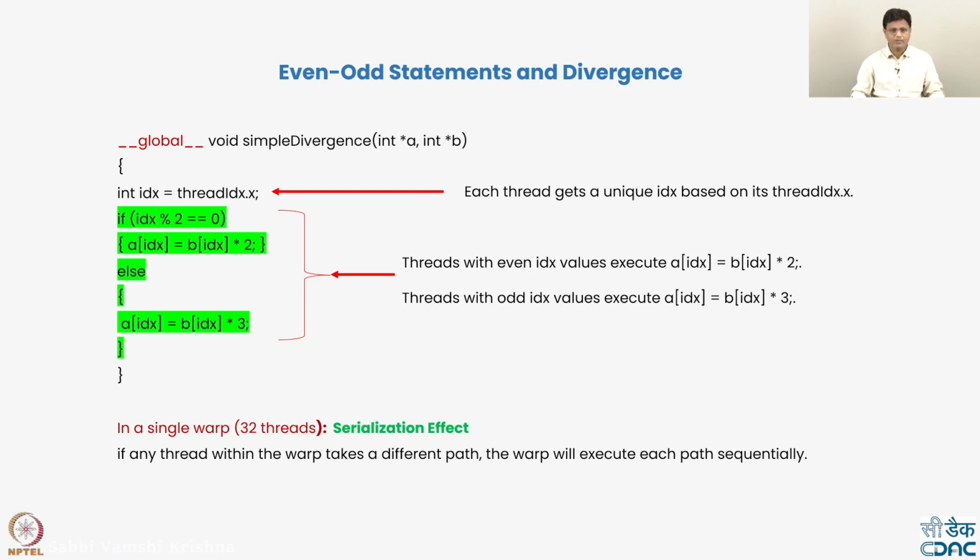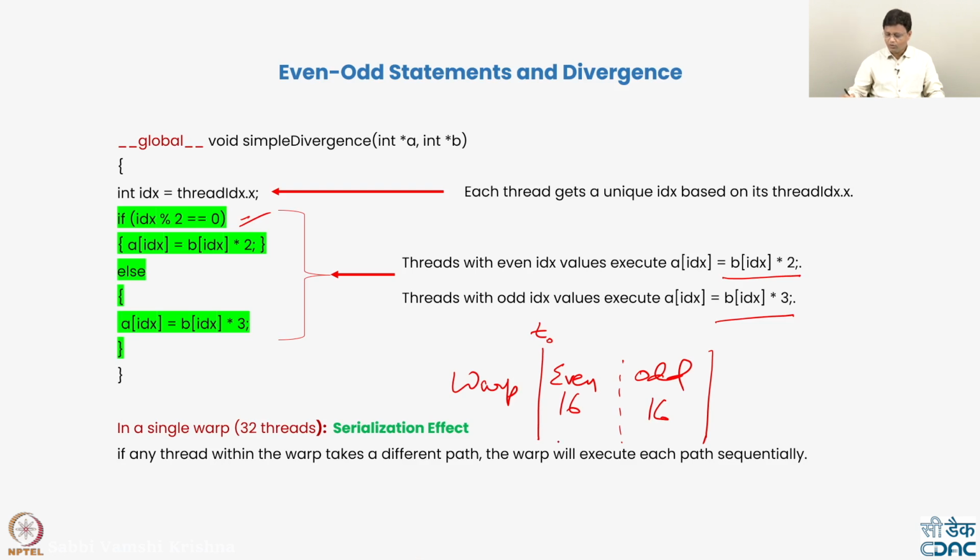Let us discuss the same case here. The program is almost the same. Again I am identifying the even threads and odd threads, and the even threads execute one operation and the odd threads execute the other. If the warp starts execution at time T0, 50% of the time the 16 even threads will execute one operation, and the remaining 16 threads with odd thread IDs will perform the other operation.